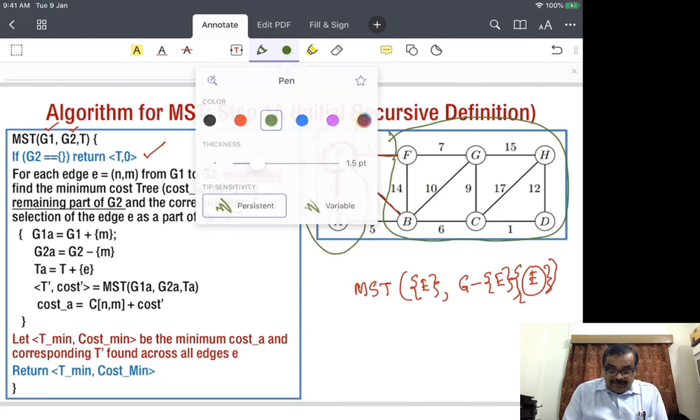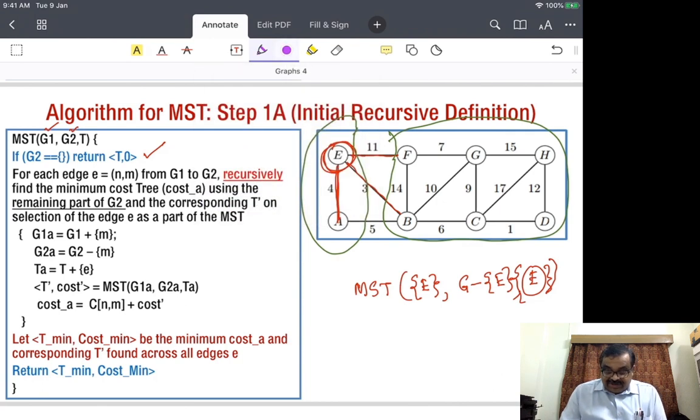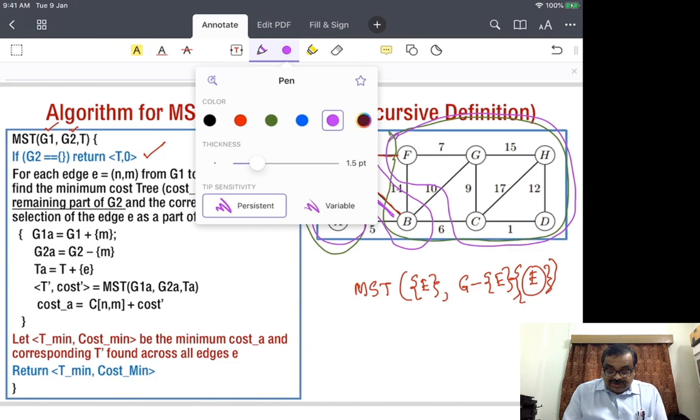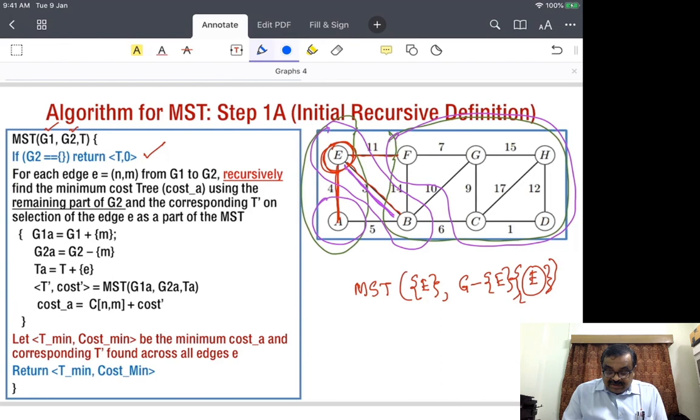On the other hand, if we chose this edge, then this would become G1 and G2 would be this plus this. On the other hand, if we chose, let us say, E and F, then this part would become G1 and all the rest would become G2.